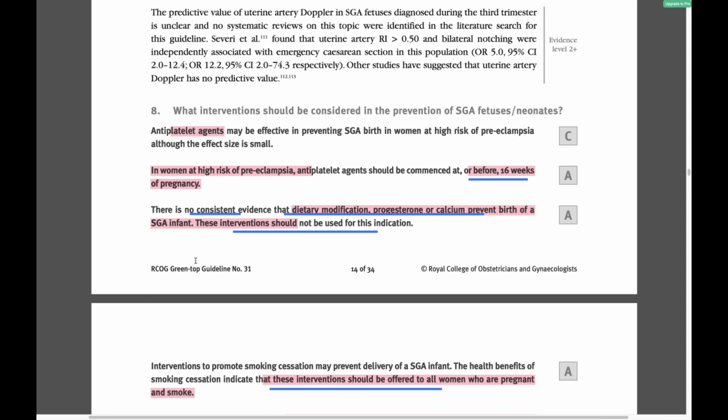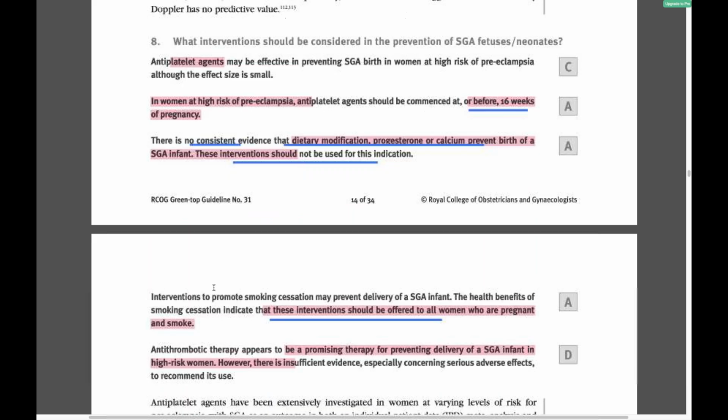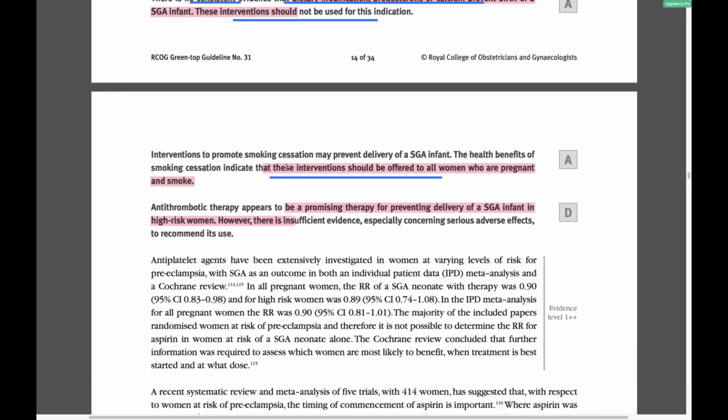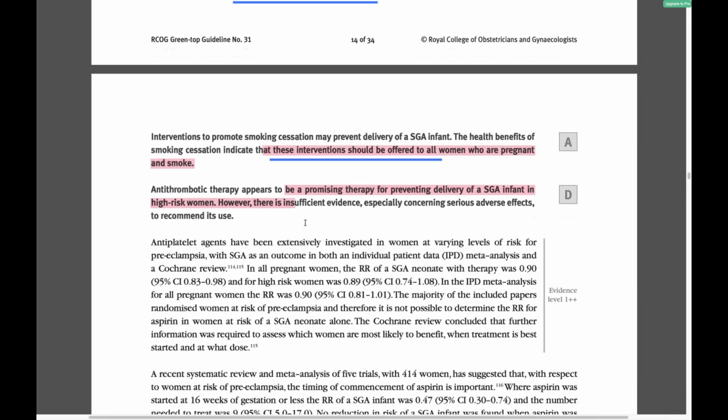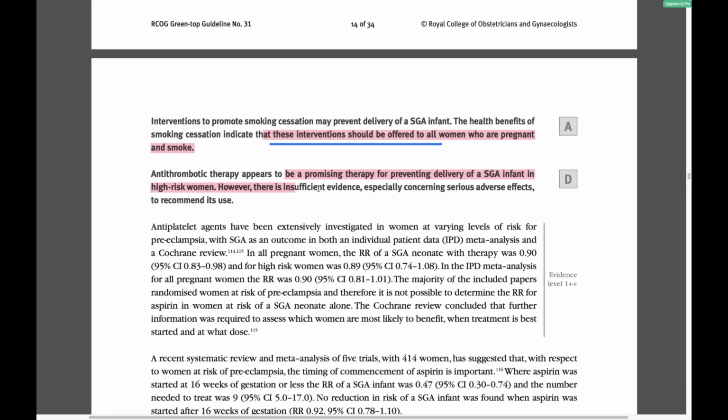And they are saying there is no role of diet modification, progesterone, or calcium in an SGA baby. If the woman is smoking, then smoking cessation does have a very good role.